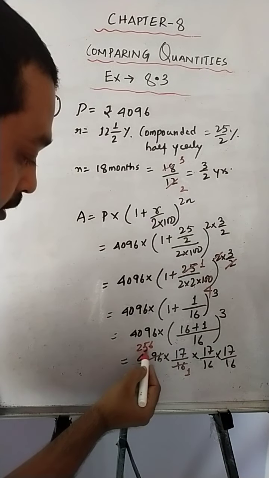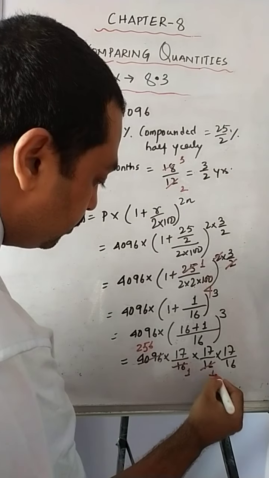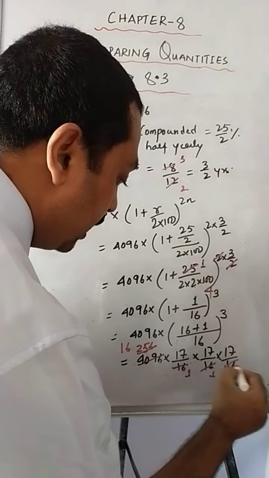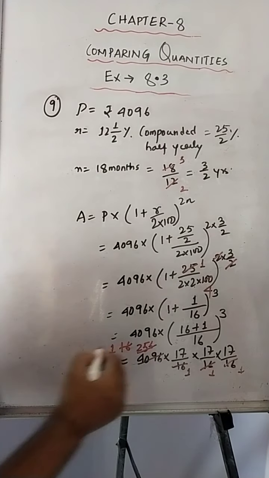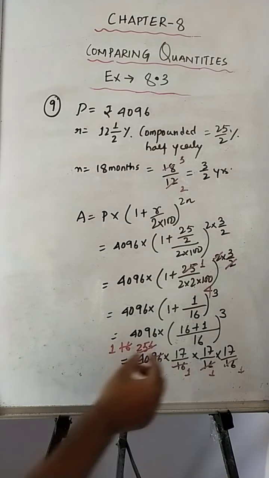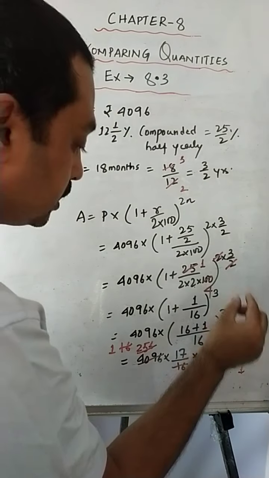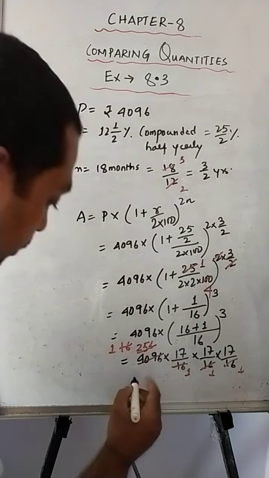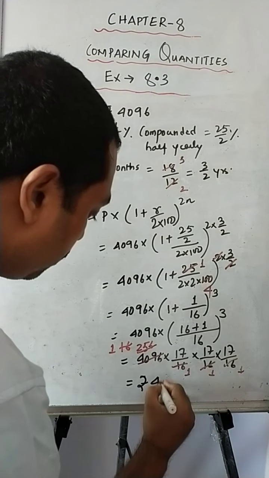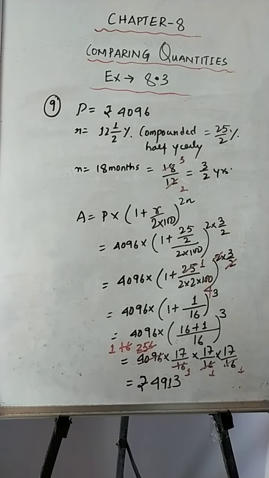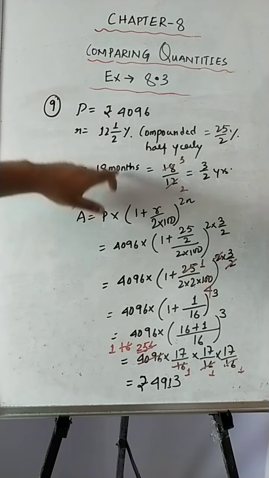And when you again reduce this 256 by 16, 16 1s are 16, 16 16s are 256, and 16 1s are 16. So what you have to find out is the product of 17 into 17 into 17. So your required answer would be 4913, students.